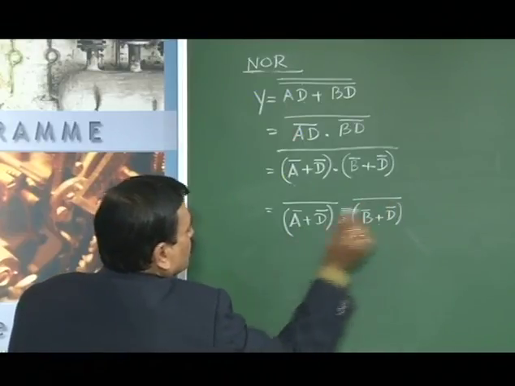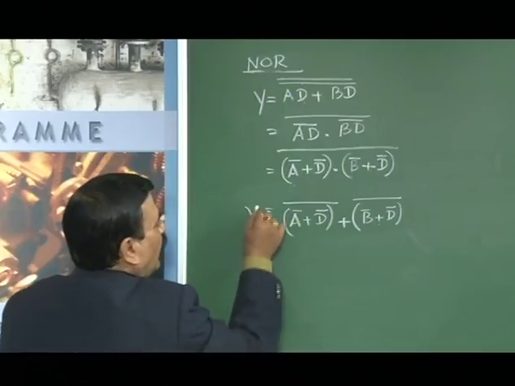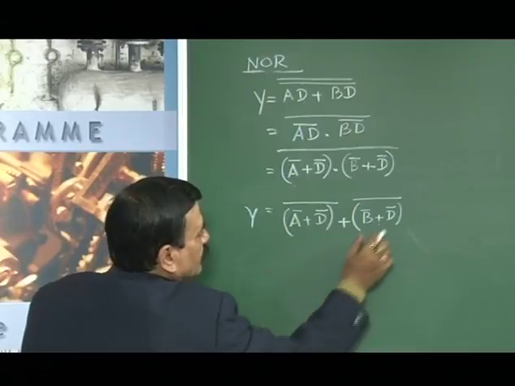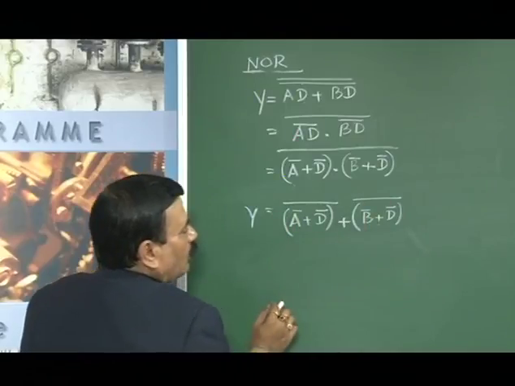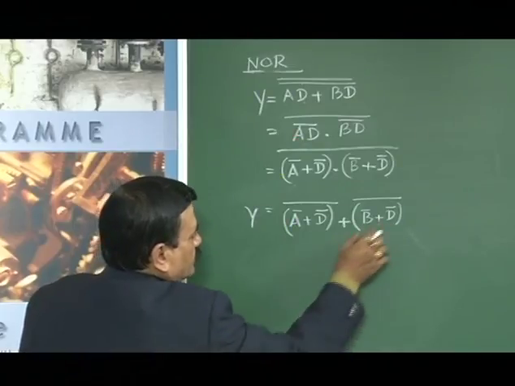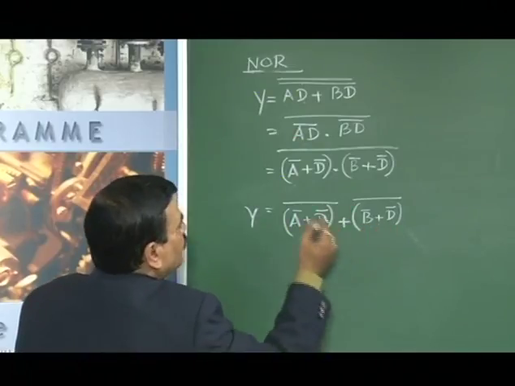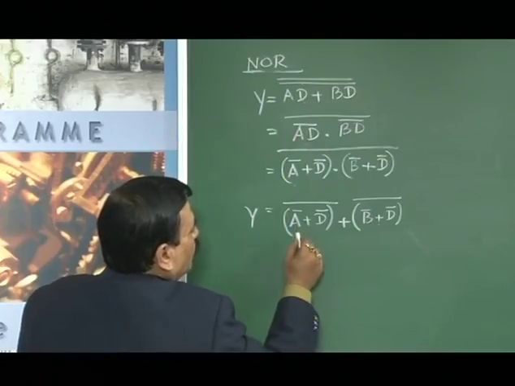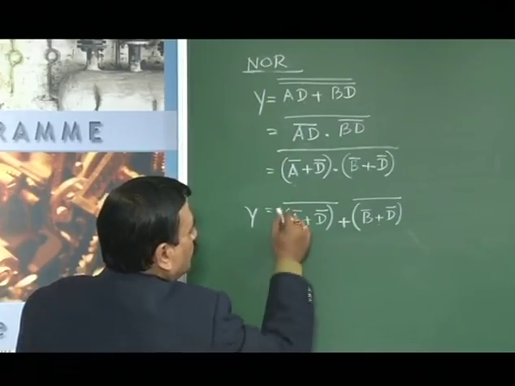So in this equation Y, the added value is complemented, and here also the addition value is complemented, which means these two can be implemented with the help of NOR gates.